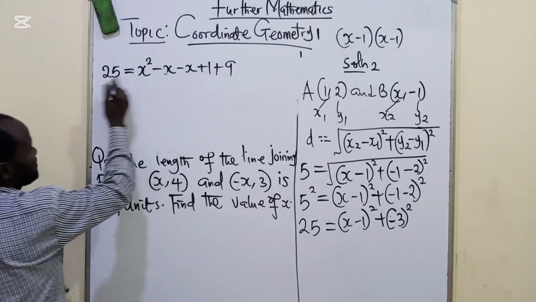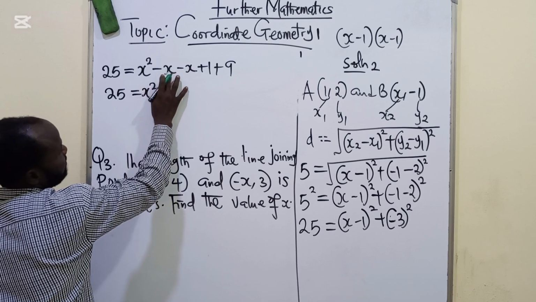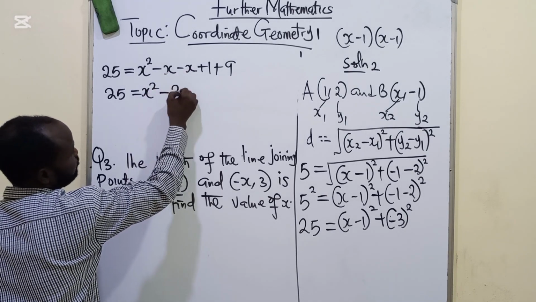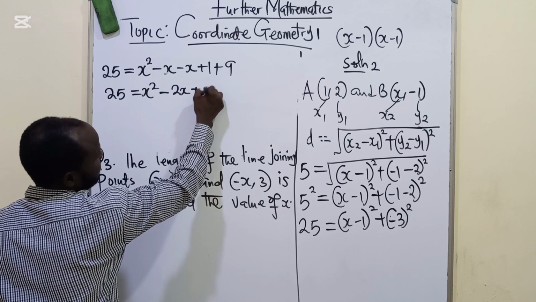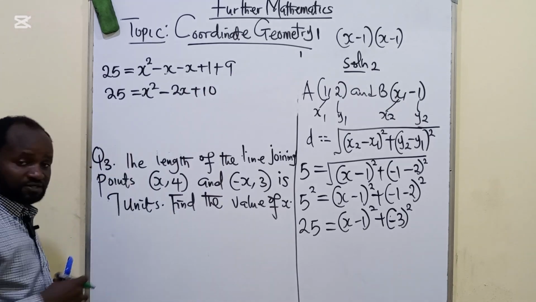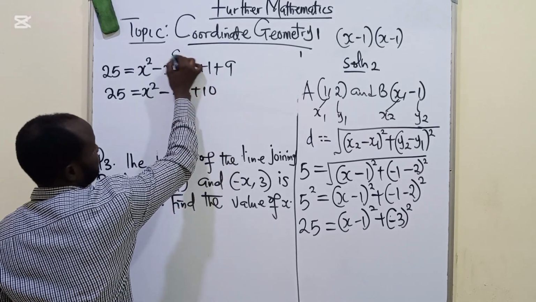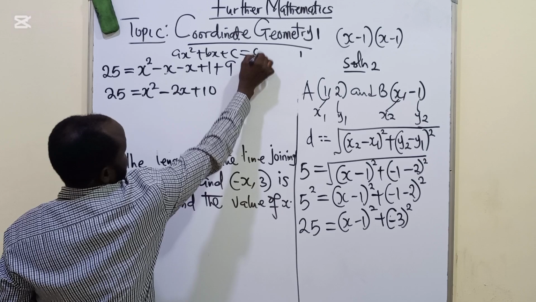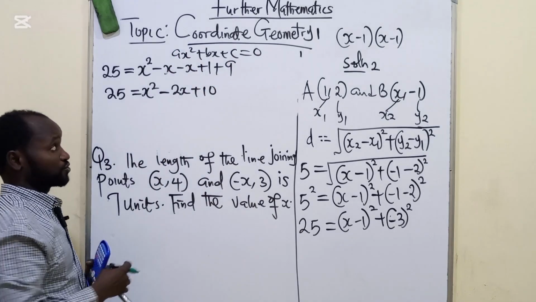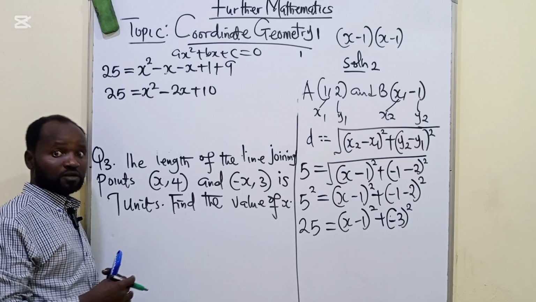Let's work on this. We have 25 equals x squared minus x minus x, which is -2x, plus 1 plus 9, that will be 10. Of course, this is a quadratic equation. A quadratic equation is of the form ax squared plus bx plus c equals 0, given that a cannot be equal to 0. So we have to rearrange this to look like the general form.